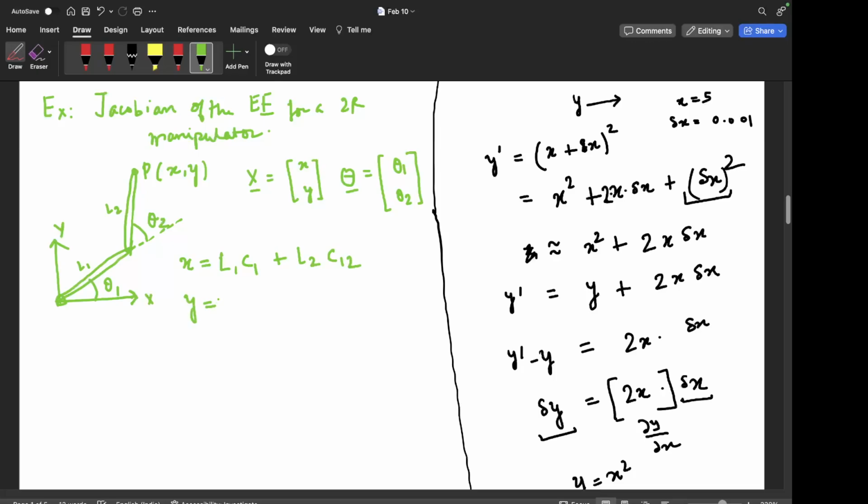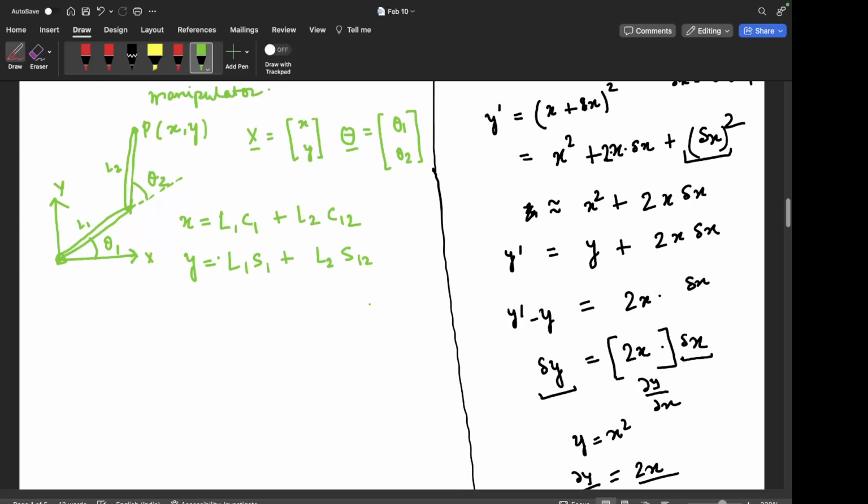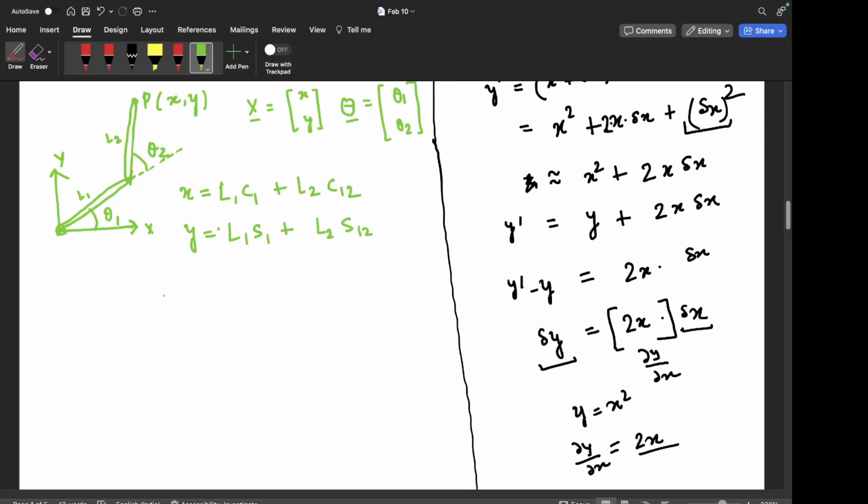Similarly, y is L1 S1 plus L2 S12, right? So this we know. Now let's write the same thing in expanded form, because I would like you to see how we are taking the derivatives. Let's write them in the vector and matrix form.